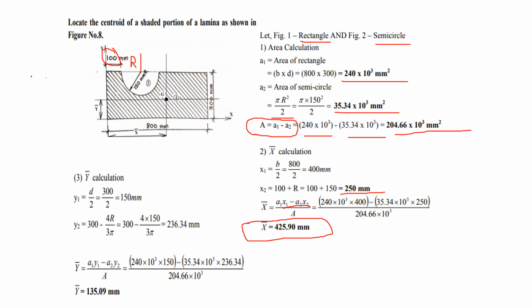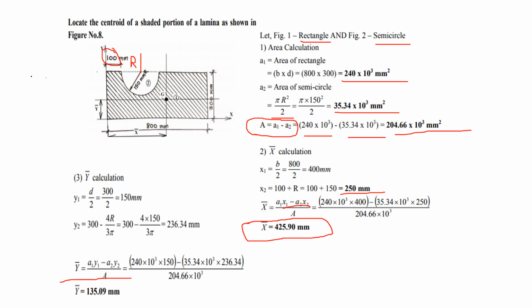Now y bar calculation is remaining. So for y bar, same formula as x bar, A1y1 minus A2y2 divided by total area. As this figure is not symmetric to x and y both the axes, so we will use this formula for y bar. As we know A1 A2, but y1 y2 we have to find.